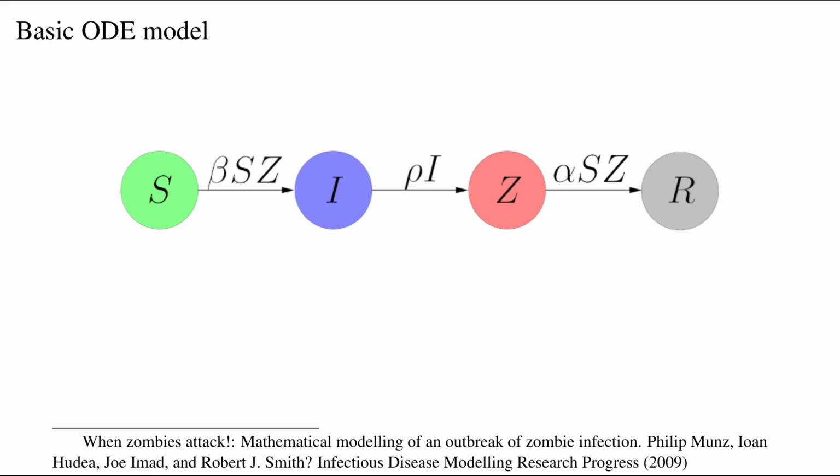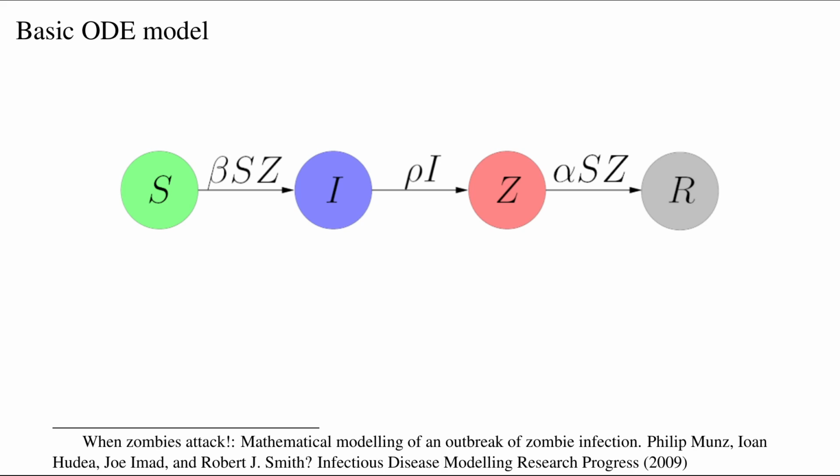Now, the infected population can remain in that state for a period of time, like a latent period. And rho is the rate at which those infected then turn into zombies. So we have this middle term, which is converting infected into zombies. Now, the zombies are effectively not dying, by natural causes or in any other way.